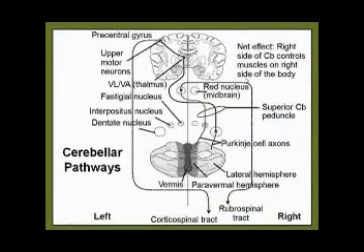So the right half of the cerebellar cortex sends its Purkinje cells out to various deep nuclei on the right side, as indicated here. And the axons of those deep nuclei leave the cerebellum in the superior cerebellar peduncle.